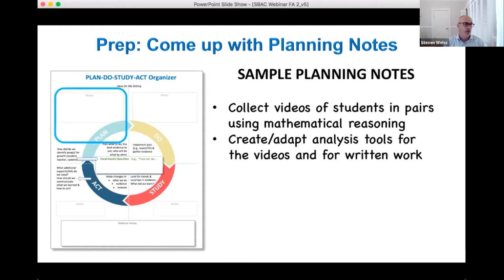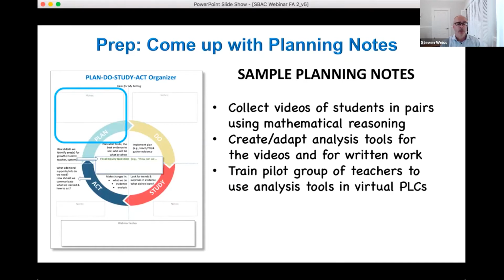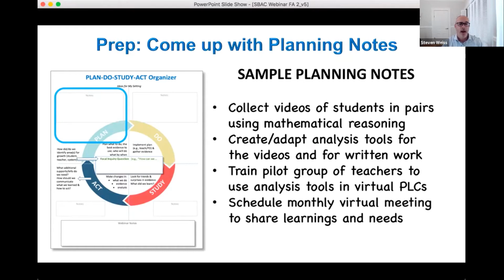And what we're going to do is we're going to either create or adapt one of the tools from Understanding Language for the videos and for written work so we can learn from that evidence. We're going to train a group of teachers to use those tools in virtual PLCs. And then finally, we're going to schedule monthly virtual meetings. So those would be some examples of planning notes that you could use.